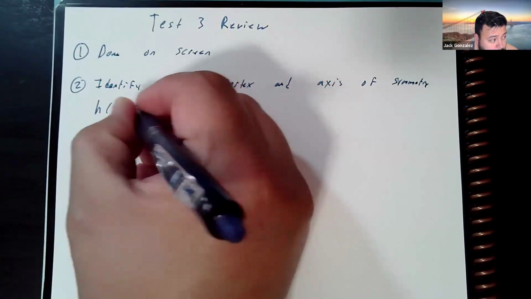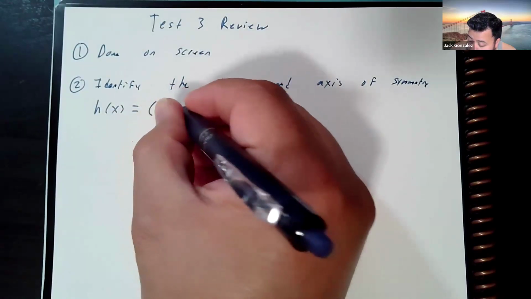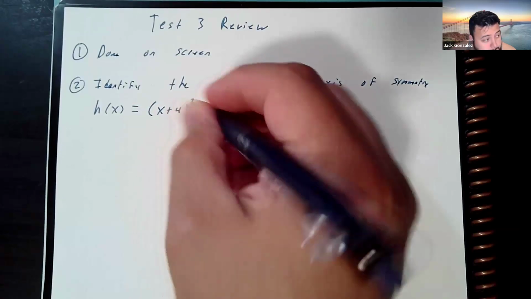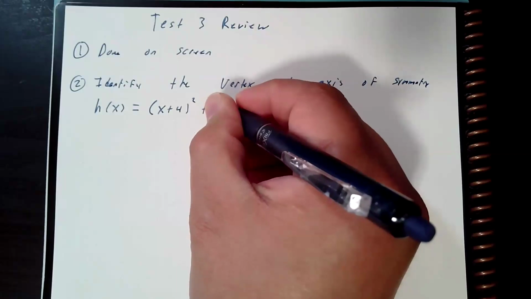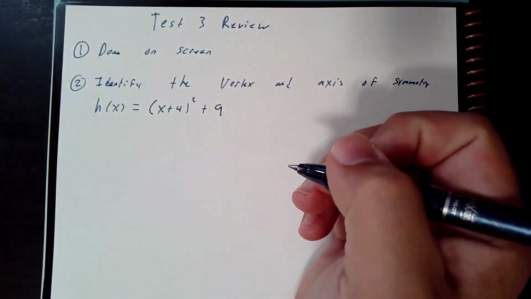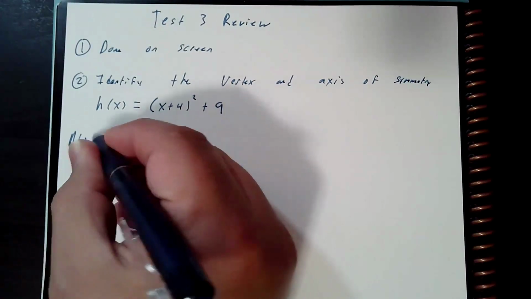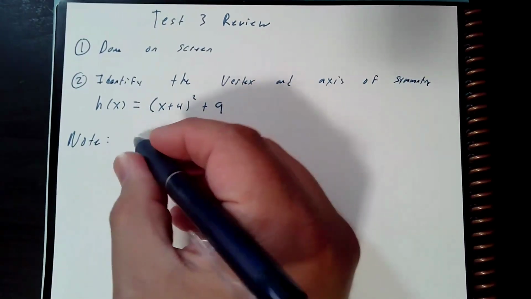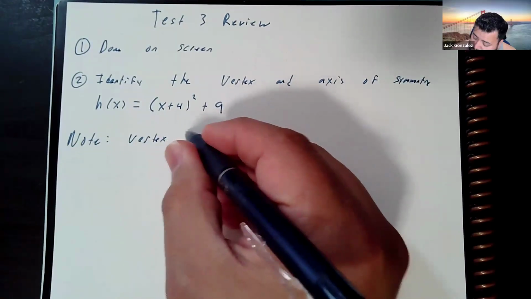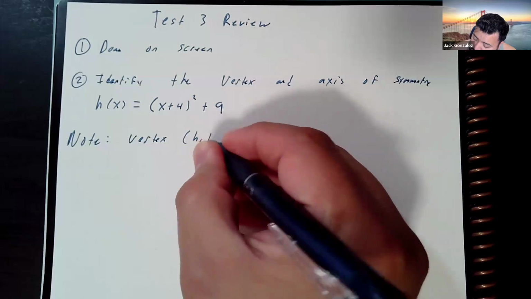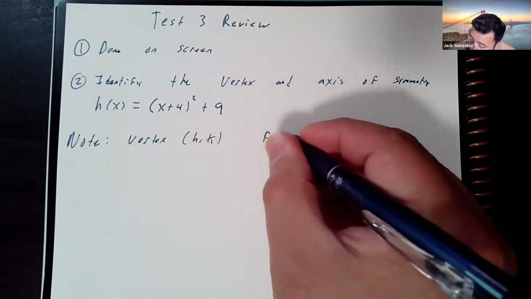So what is the vertex? We said vertex was h comma k, right? Given your general form.